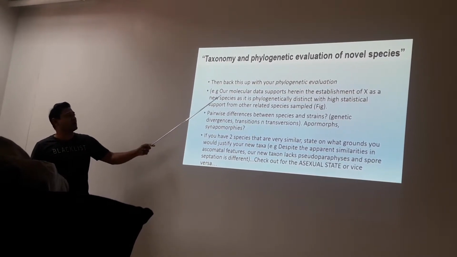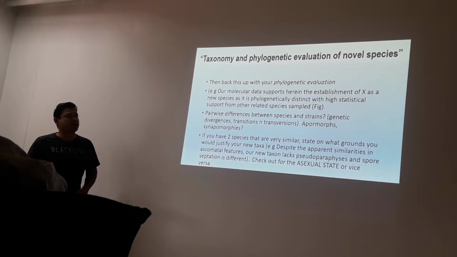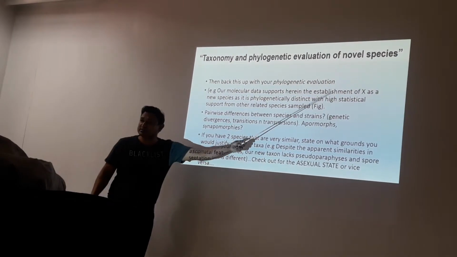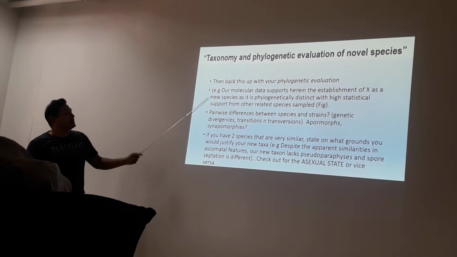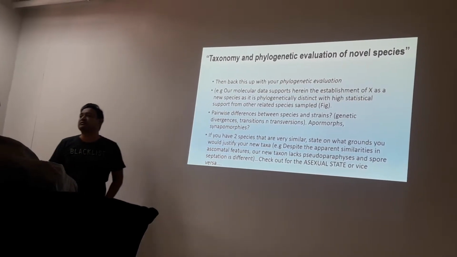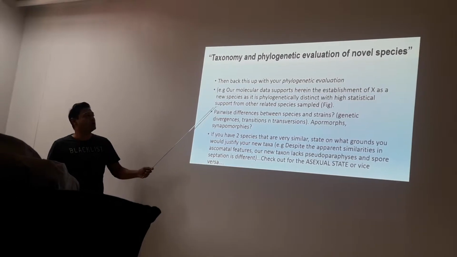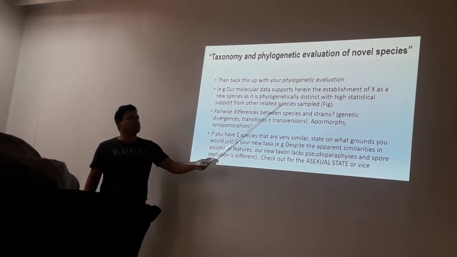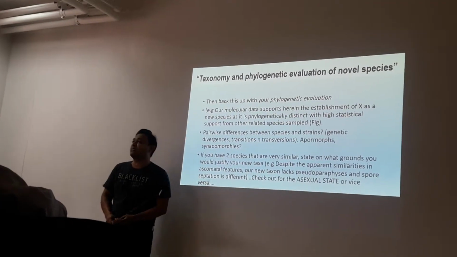You can state something like, our molecular data supports herein the establishment of X, which could be your new species, as it is phylogenetically distinct with high statistical support from other related species samples. Then you put your figure in there.